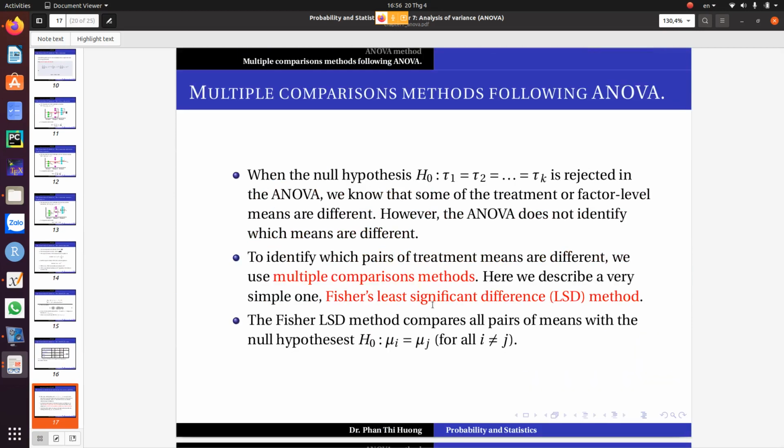Okay, we have seen that using the ANOVA model, we are able to answer the question whether the factor x really affects the output variable y or not.